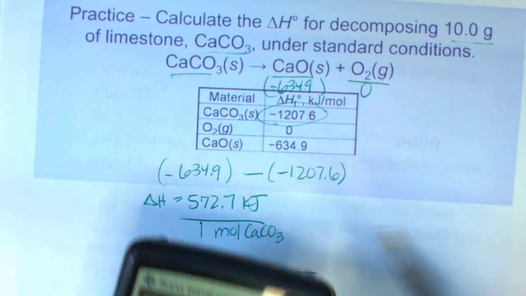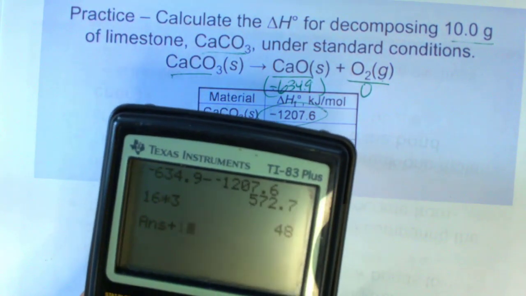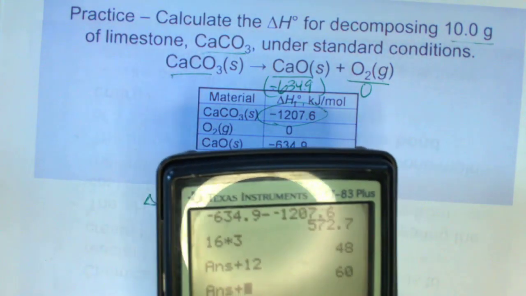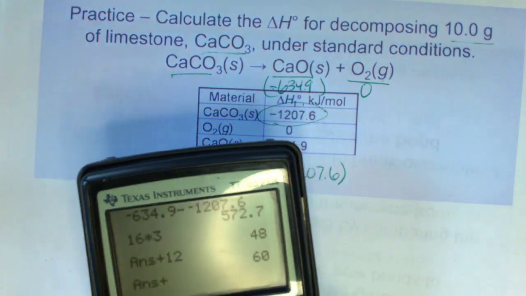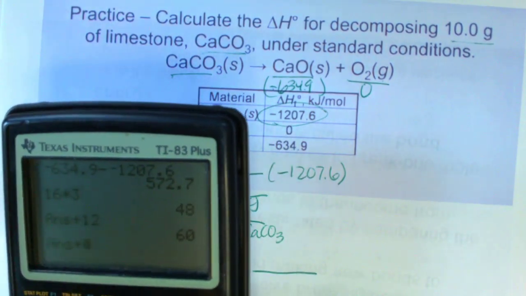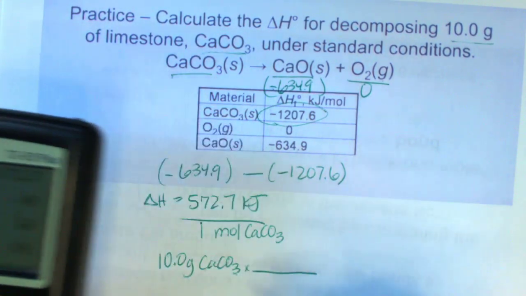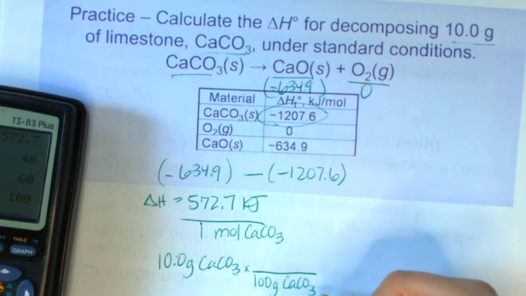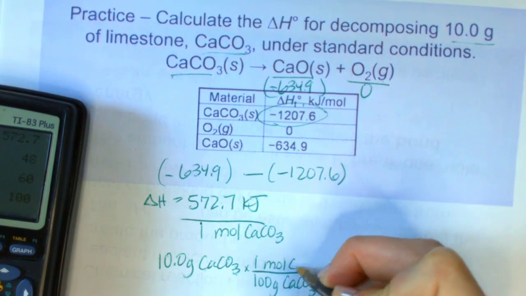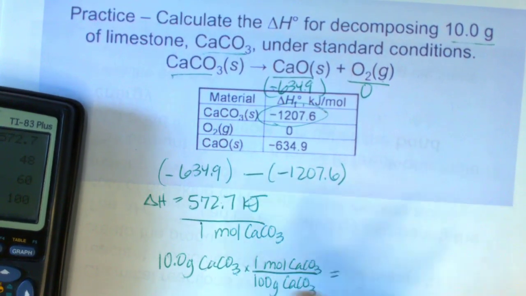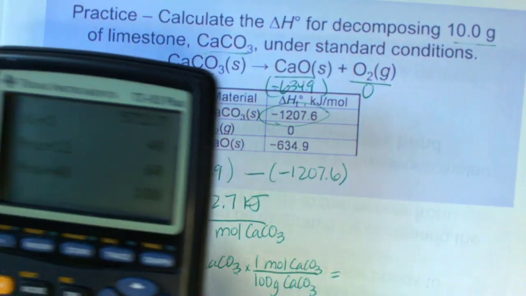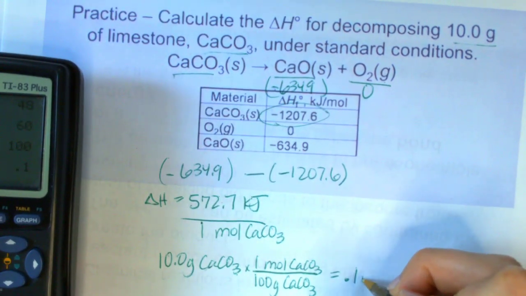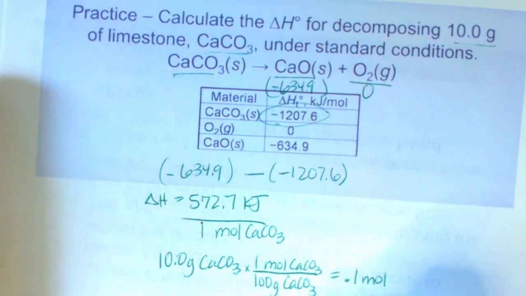Add a carbon, which is 12, and add a calcium, which is 40. So I have a molar mass of 100 grams of calcium carbonate for 1 mole. So let's do 10 divided by 100 to get 0.1 moles of calcium carbonate.